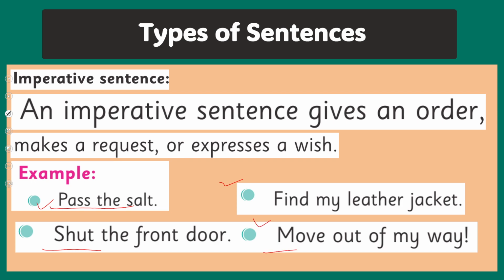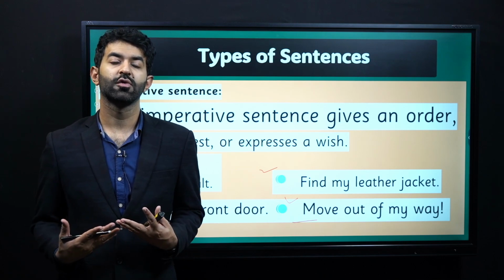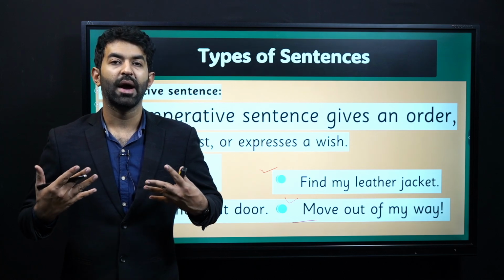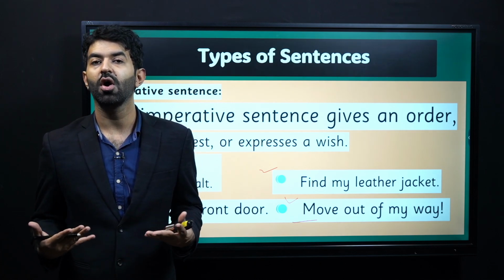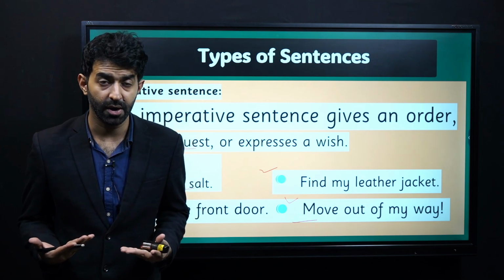So all these are your imperative sentences. They give an order, make a request, or express a wish. All right. For example, if you say, I wish I could go there, I want a bicycle. These are your imperative sentences because you're wanting something, you're wishing something.